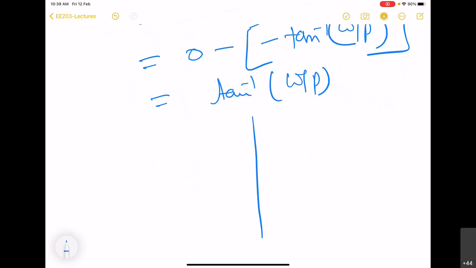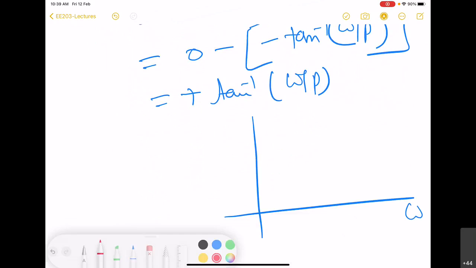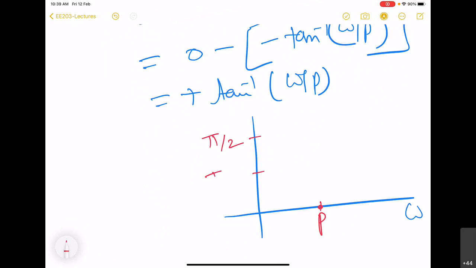So we can do the approximate plot. Now this time you can see that we have a plus here. So this time, this is the transition point, and here we have, say, 90 degree and plus 45 degree, and we will have to mark these 2 points 10p and p by 10.